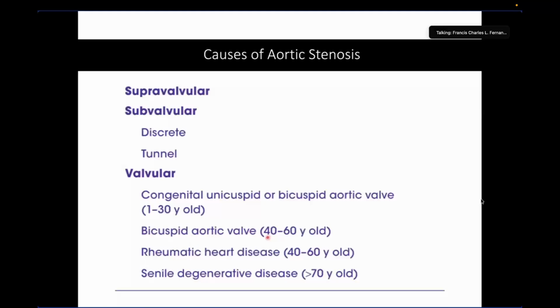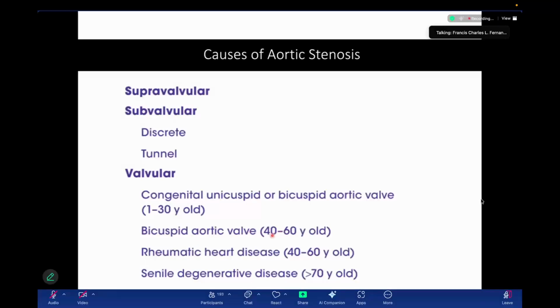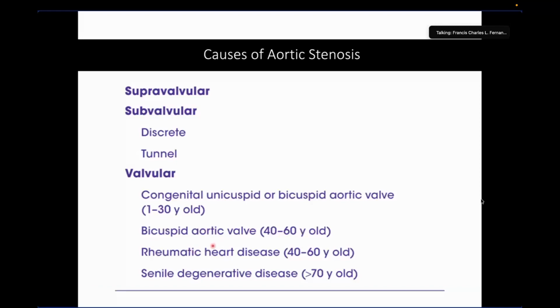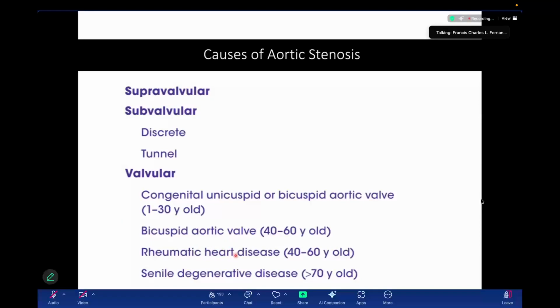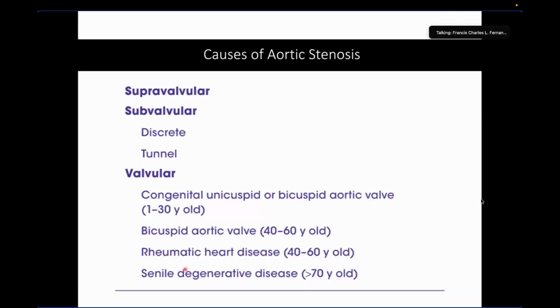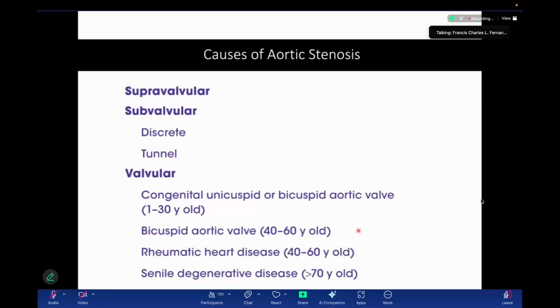Bicuspid, maybe you see it in the mid to later part of life. There might be some fusion, etc. However, you also see manifestation of rheumatic heart disease for the aortic valve at 40 to 60 years old. But when you have senile degeneration, it is usually around 70 years old and above. But this has changed; the spectrum has changed in the past several years.